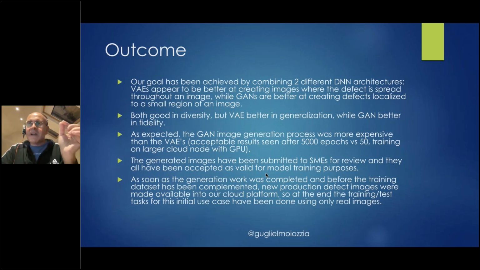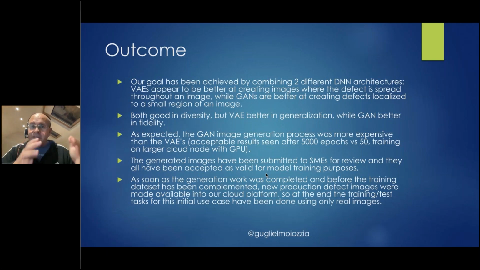Sometimes you have small drops of liquid within the ribs, and those are the kind of images that could be generated by training the GAN for more than 5,000 epochs, while for the variational autoencoder, the final training was just 50 epochs with the final architecture.